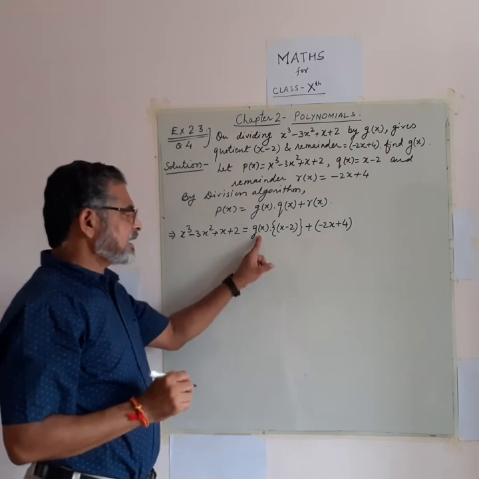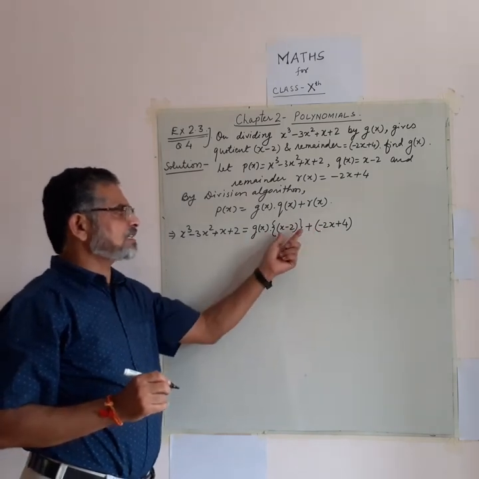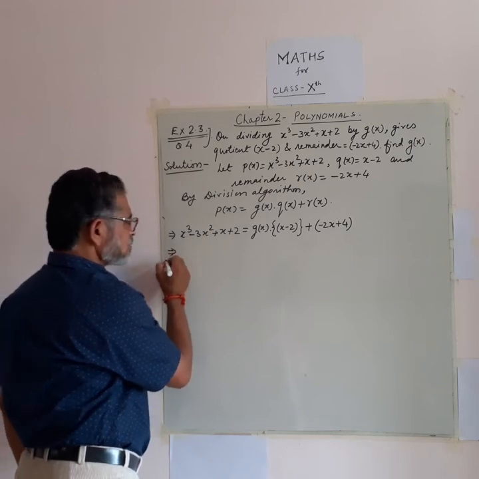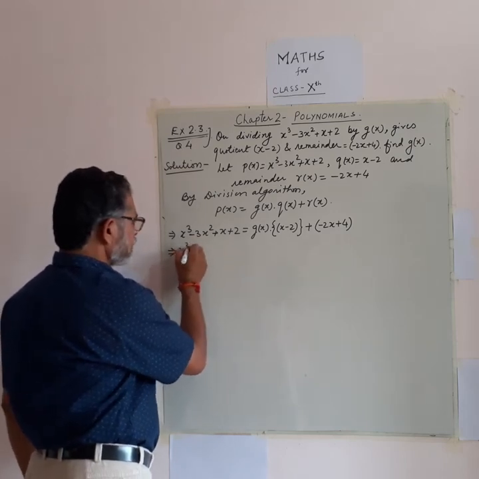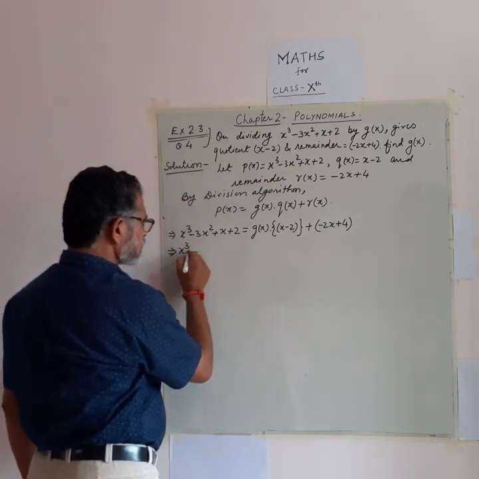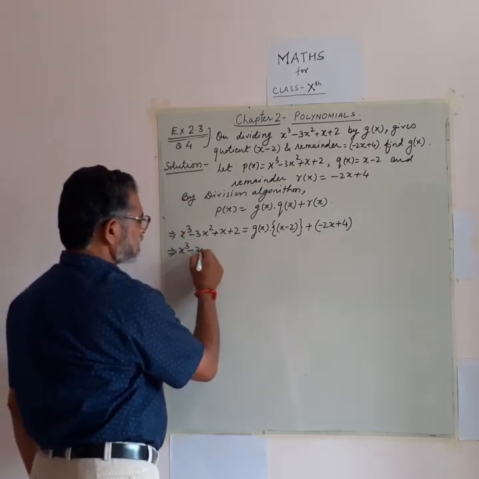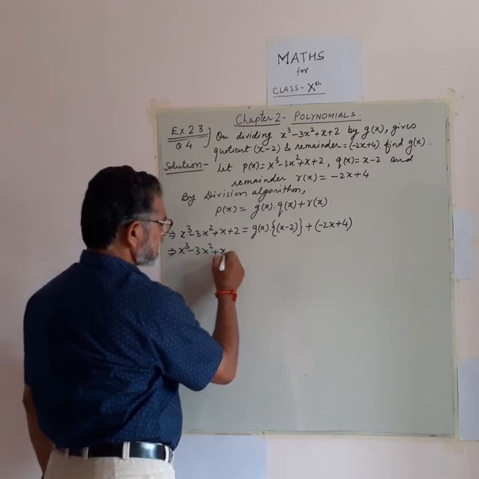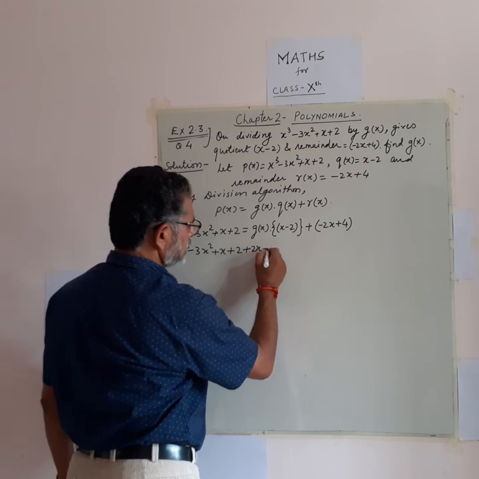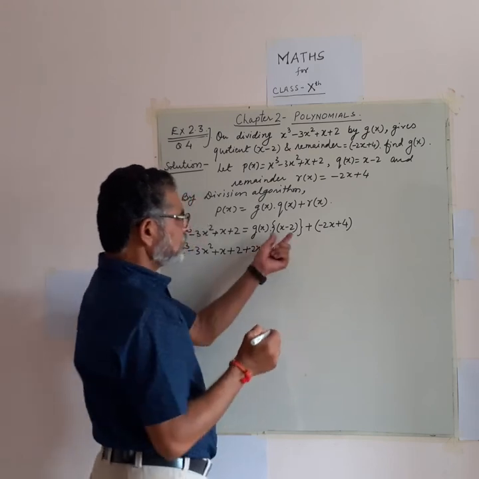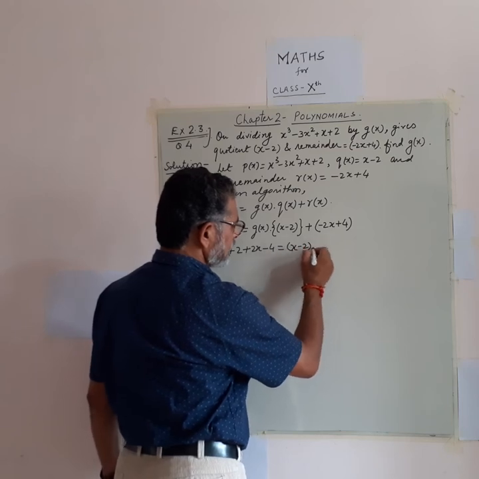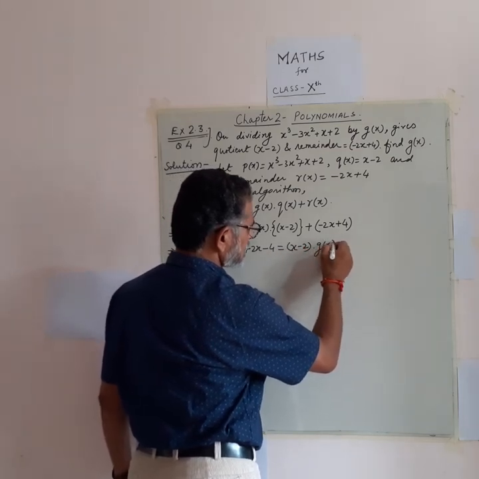So to get G(x), we have to transpose these terms step by step. First we have to transpose them. So first we transpose minus 2x plus 4 to the other side. So what we get? x cube minus 3x square plus x plus 2, minus 2x becomes plus 2x, and plus 4 becomes minus 4, equals to, we write this term first, x minus 2, because there is a product into G(x).